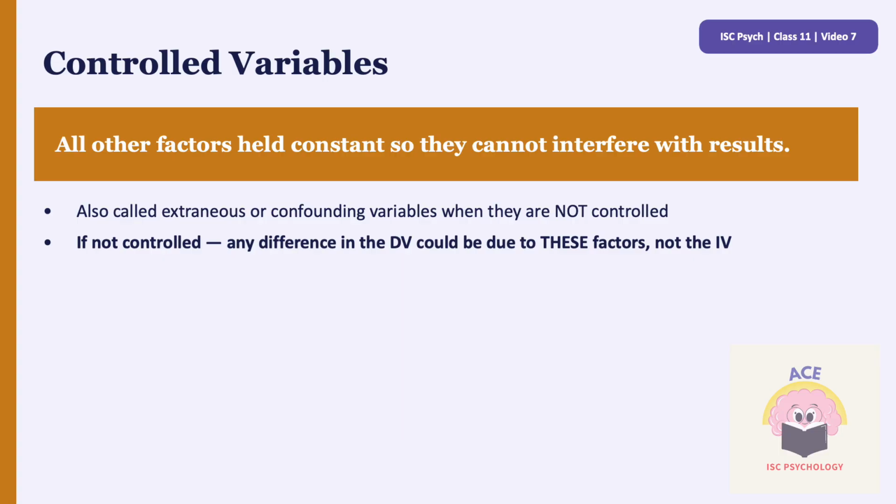If all of these are kept the same across all conditions, then any difference in memory scores must be due to the caffeine, not to any of these other factors. This is what makes the experiment so powerful. By controlling everything except the independent variable, you isolate its effect.